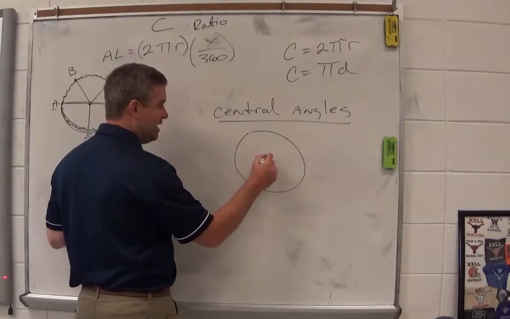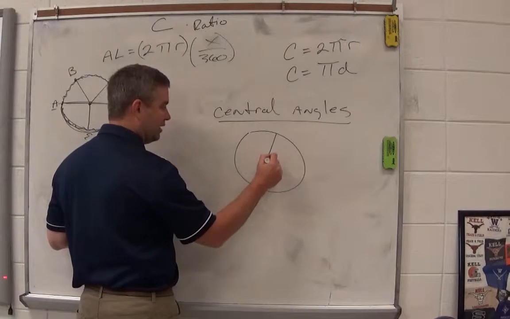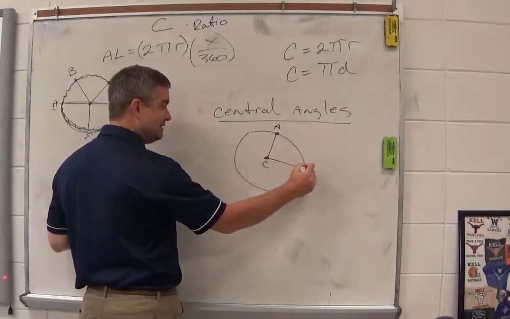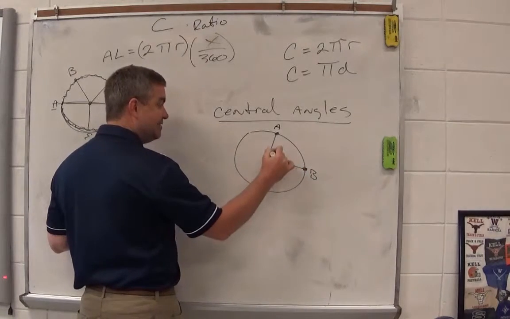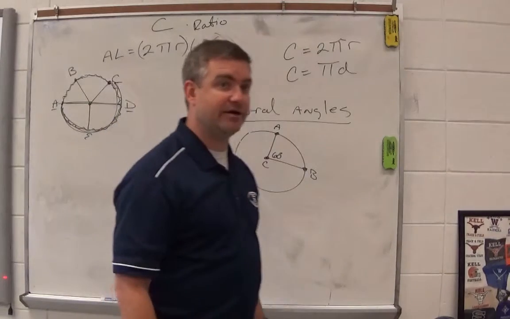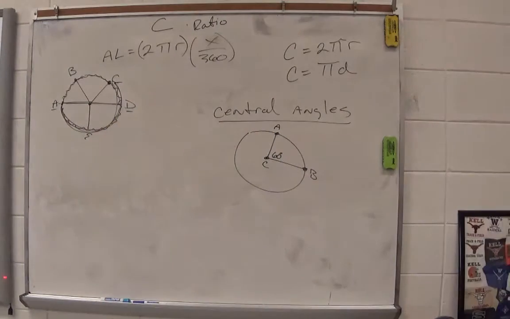between the central angle and the arc. If this is the center of the circle and I make a minor arc from A to B, if I put a protractor up there and that angle measures 60 degrees, it has a 1-to-1 correspondence to the measurement of the arc.